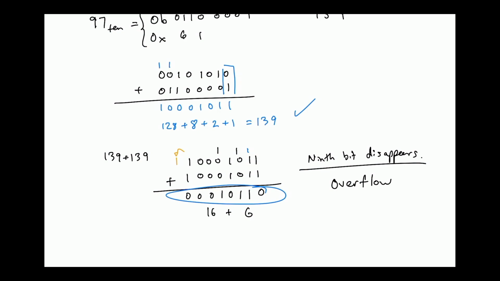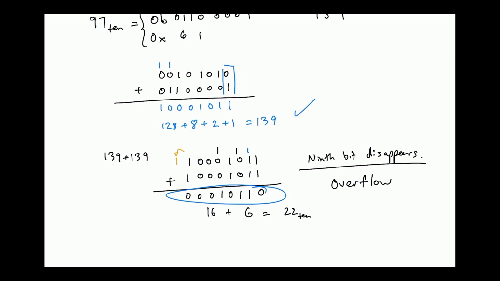So this is 22 in base 10. Now let me convince you. So what it looks like is 139 plus itself is equal to 22.